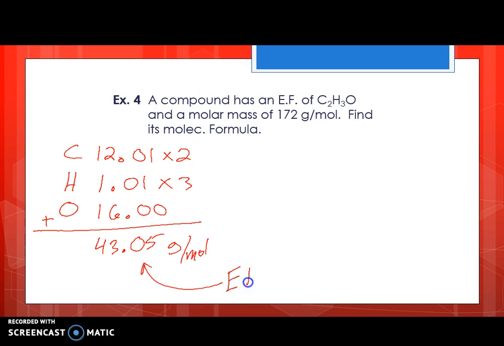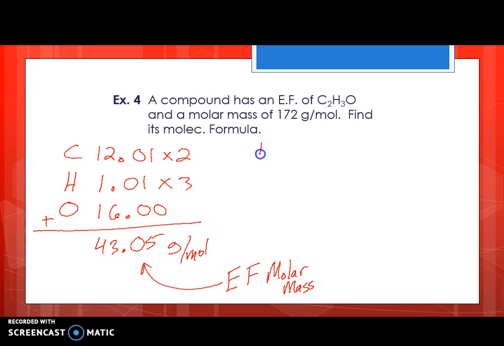The empirical formula molar mass. Well, we know it's some sort of ratio. It had to be reduced by something to get this empirical formula. If we know the actual mass, which we have right here, and we know what the reduced mass is, we can figure out how much we reduced it by.